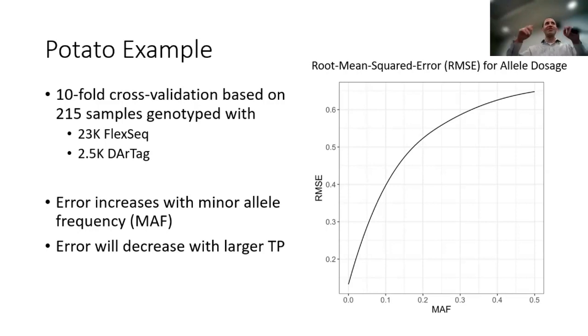If you rounded it, you would get the right answer. That's an intuitive way of thinking about what 0.5 means practically. And last year I showed just how much better you can get with larger training populations with some simulation data. So if you had 400 or 600 samples, we would definitely expect those prediction errors to go down. So that's one option for using random forest.